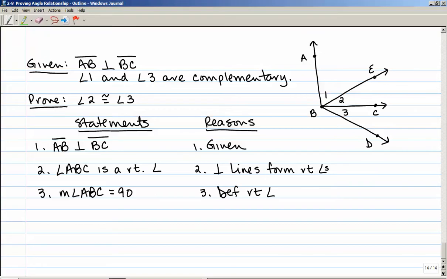Okay? And now, looking at the picture, looking at angle ABC, I see that that is made up of angles 1 and 2. So the measure of angle ABC equals the measure of angle 1 plus the measure of angle 2, and that is the angle addition postulate.